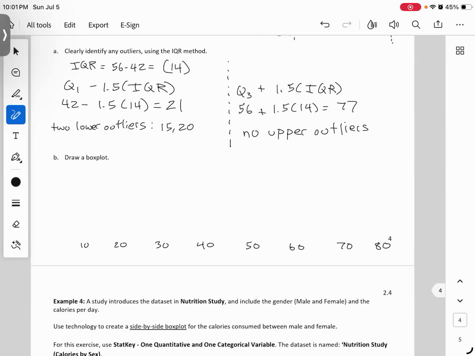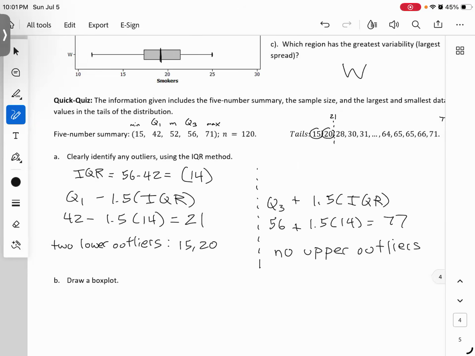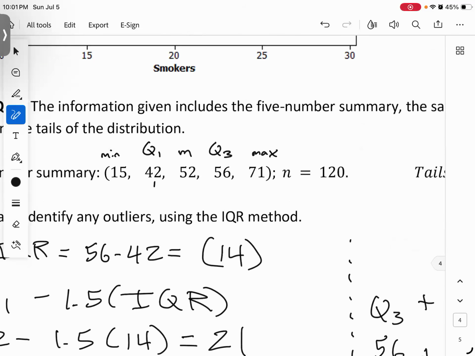That should be plenty to fit all of our box and our whiskers. Let's start with the box, which is going to be the 42, 52, and 56. Q1, median, and Q3.